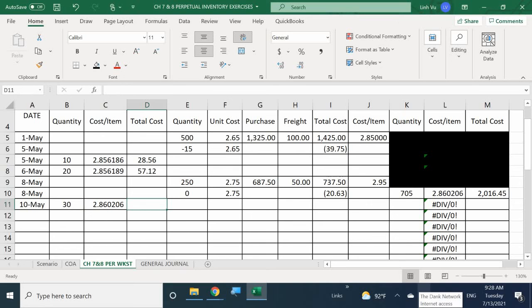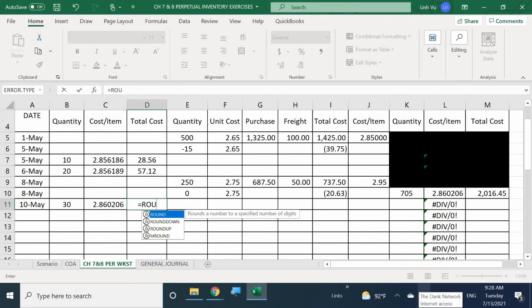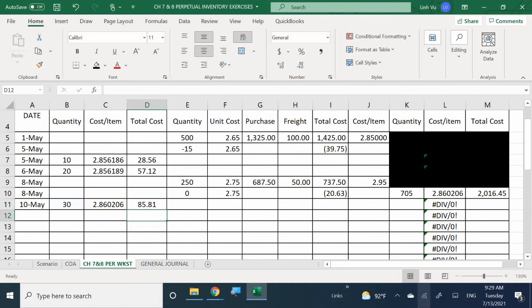Okay. So what's going to be my total cost of goods sold? $85.81.